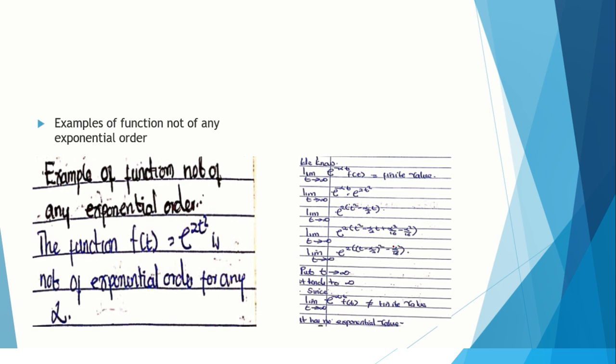When we put in t tending to infinity, we see that the function is going to grow faster than the exponential order. So this is not going to tend to a finite value.